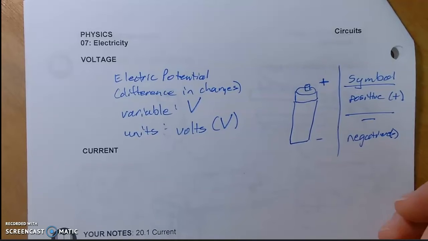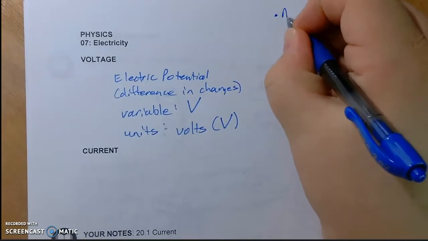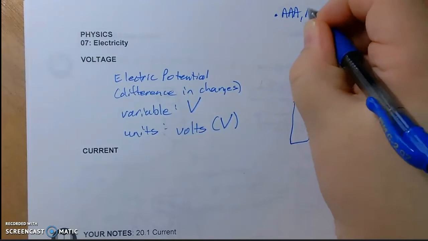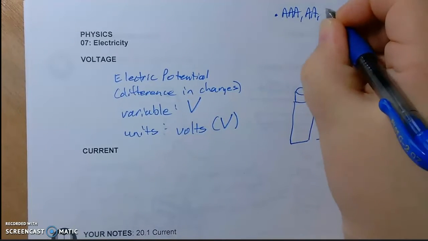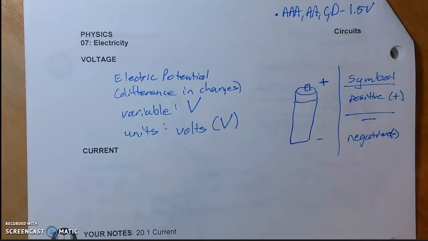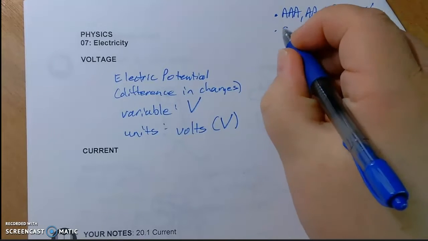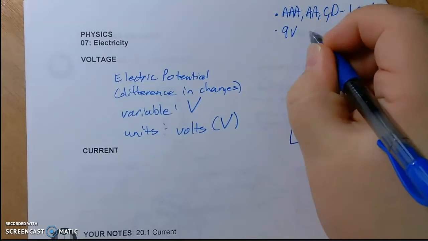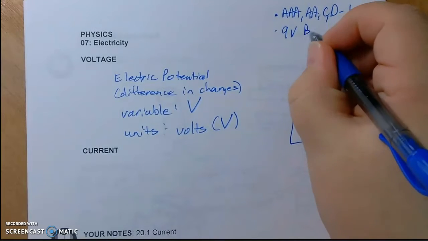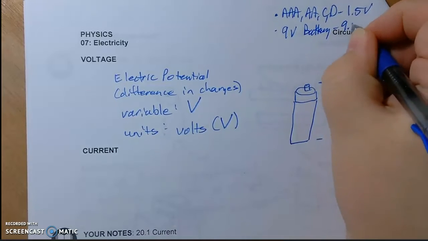Now, you know some voltage sources already. Batteries like this, that looks like our AAAs. You have your AAs, your Cs and your Ds. All of those have a voltage of 1.5. Not too big. Of course, you also have the rectangular batteries. Those are called 9 volts. And a 9-volt battery, as you can guess, has 9 volts.